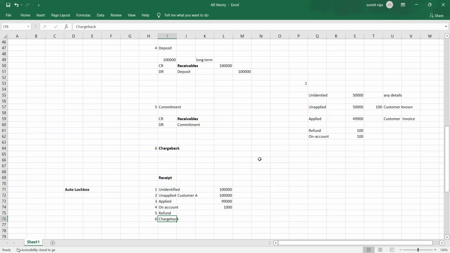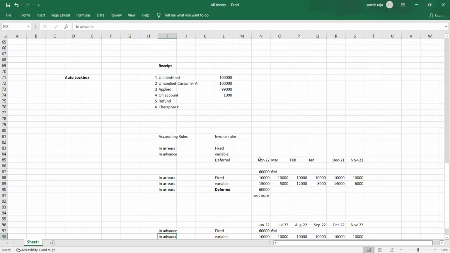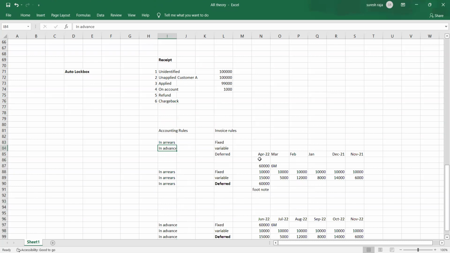So our accounting revenue recognition, our audit statements, what do they say? I received in advance for the next 1 year. They say it should be spread over the next 12 months. This is what our accounting policy says. So 1,20,000 divided by 12, monthly 10,000, I have to segregate.